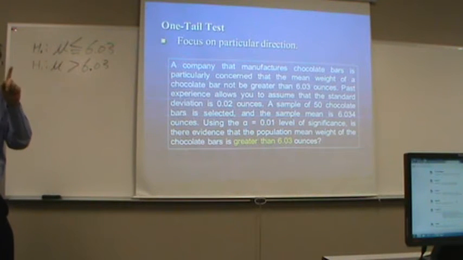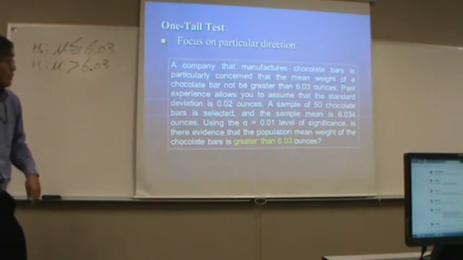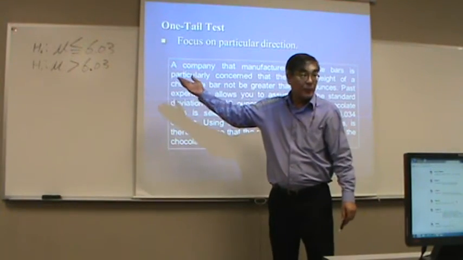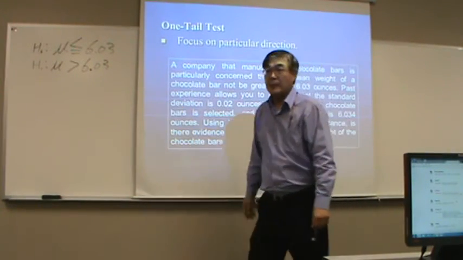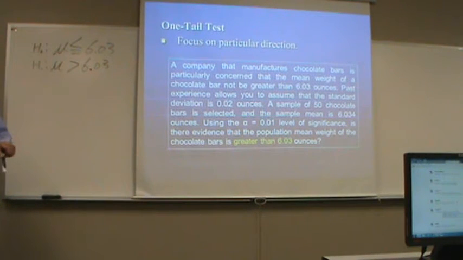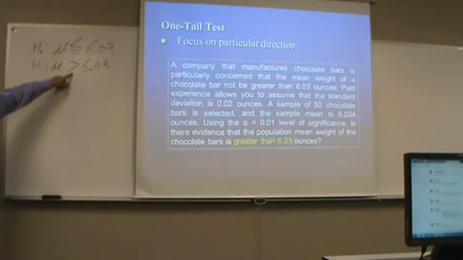So H1 first, if it is a one-tail test. So the first step is the hypothesis, and automatically you know whether it is one-tail or two-tail. One-tail test, right? Okay, next step.